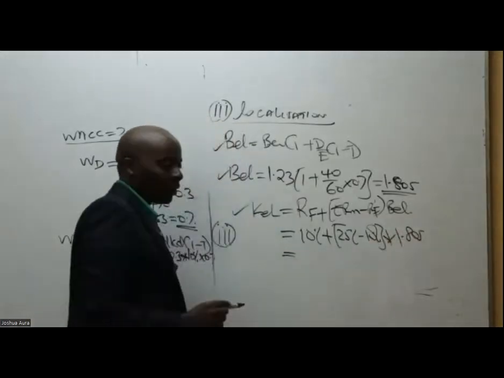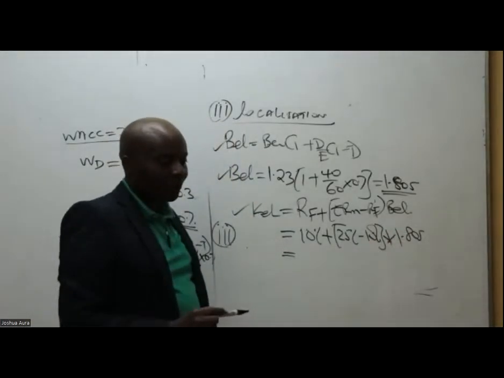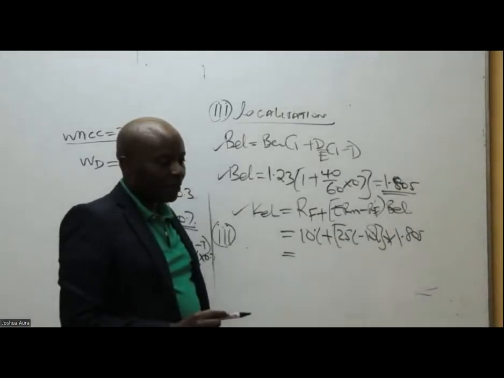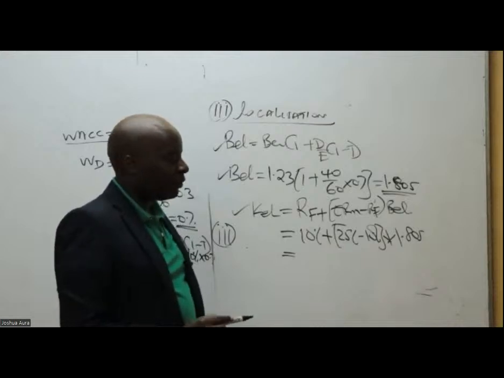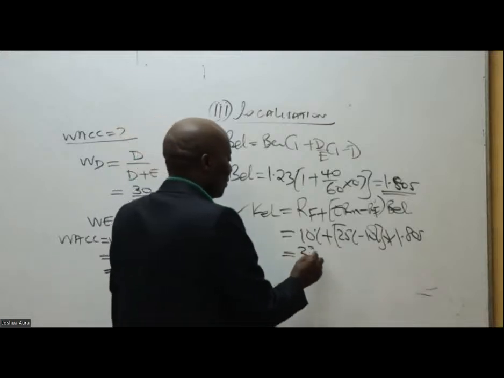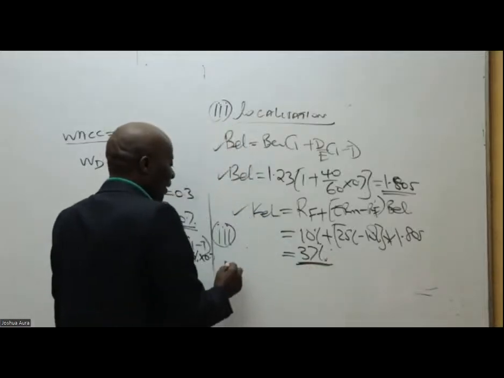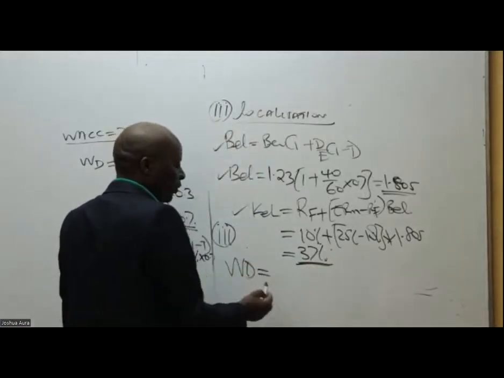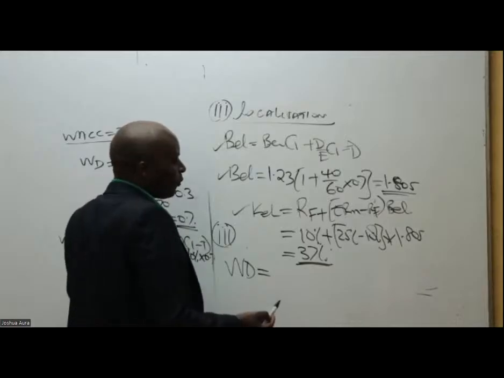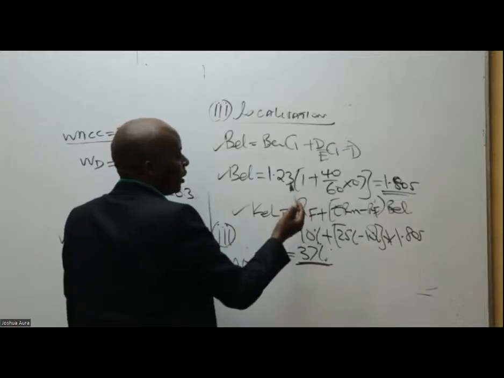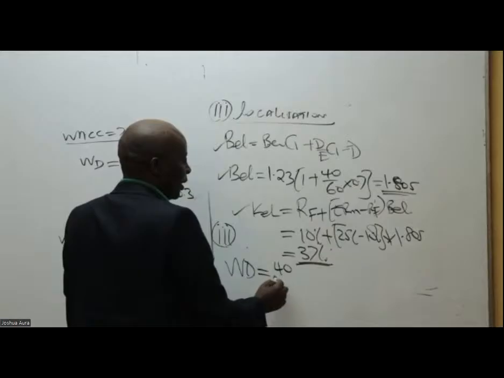So then at the end of the day, what are we getting as our CAL? 37%. And then, ladies and gentlemen, go ahead and give us WD, weight of debt. So weight of debt, this is 40 over 40 plus 60.